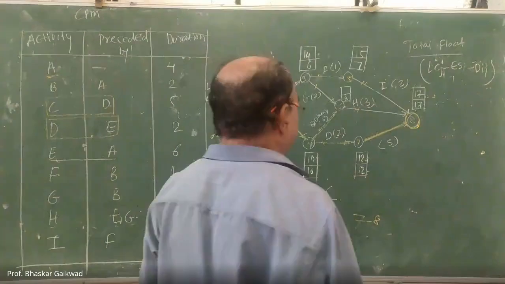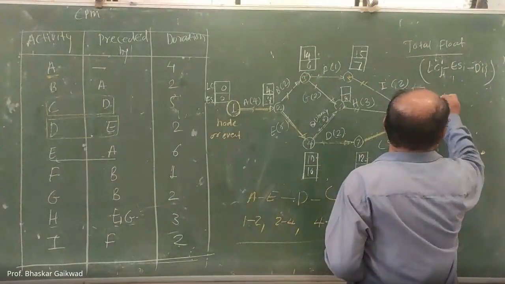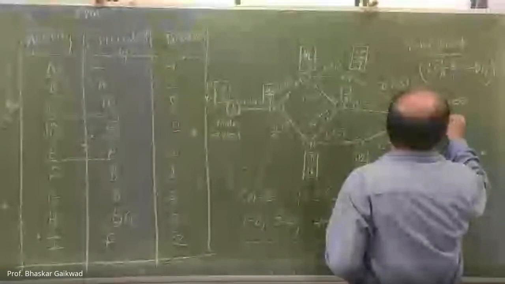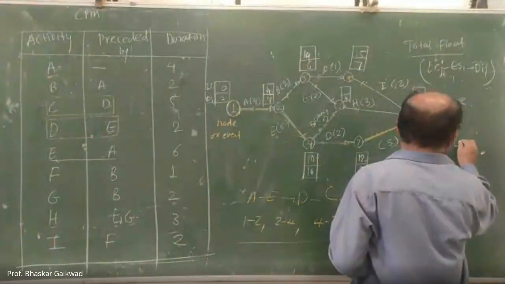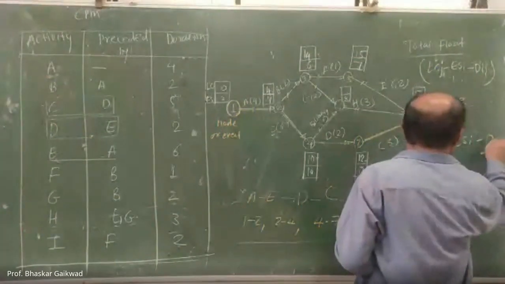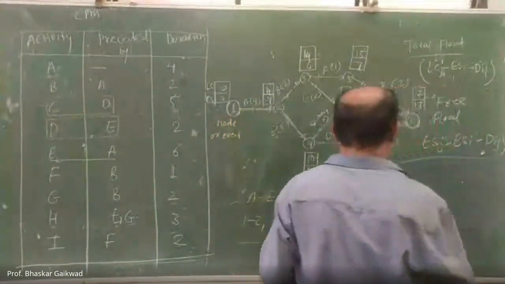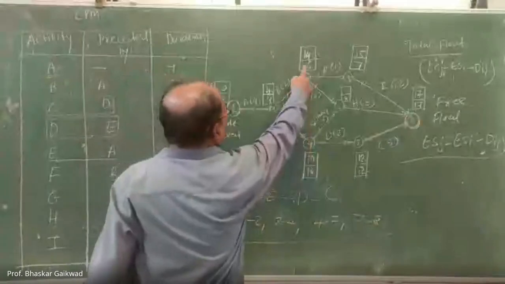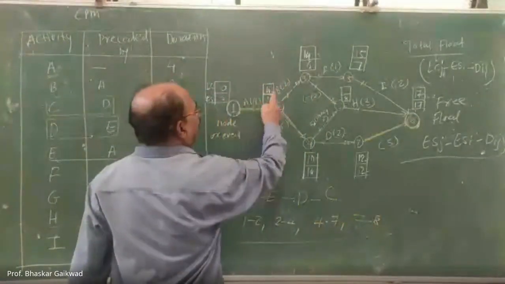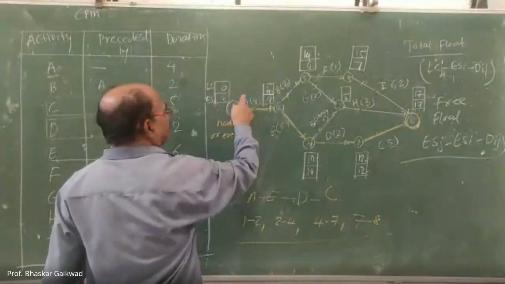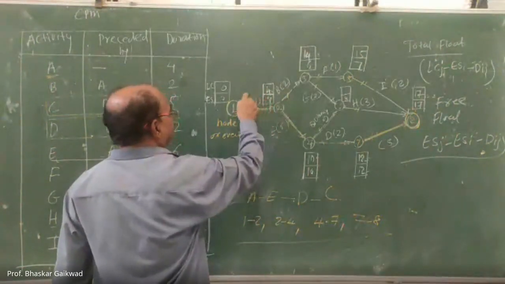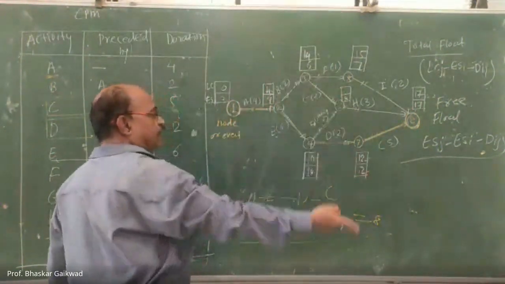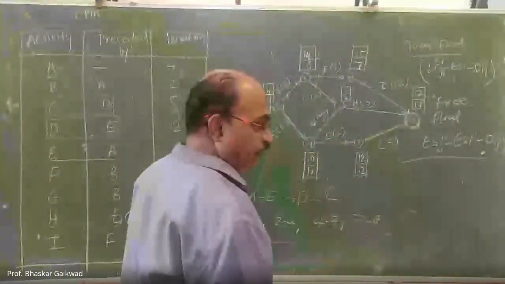And for free float, you have to use this formula: ES minus ES minus duration. So this means this minus this, this minus E means earliest, this minus duration, that is the free float.